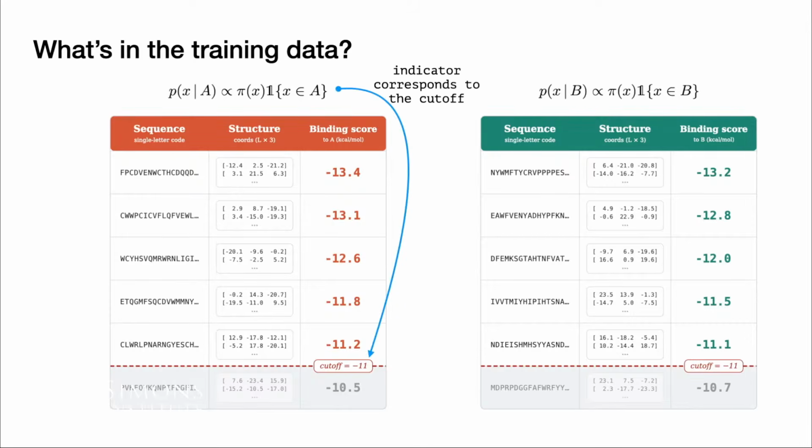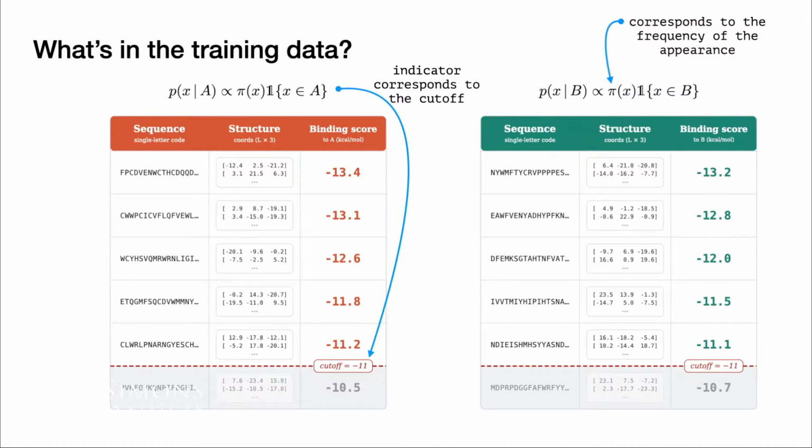So this indicator we should think about as a cutoff. We say that the binding score should be lower than -11 for things to bind properly to A. And we put this everywhere, and that's how we think about this conditional distribution, right?